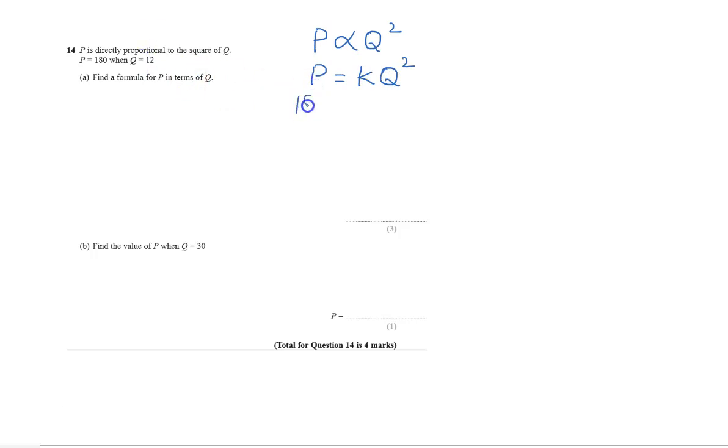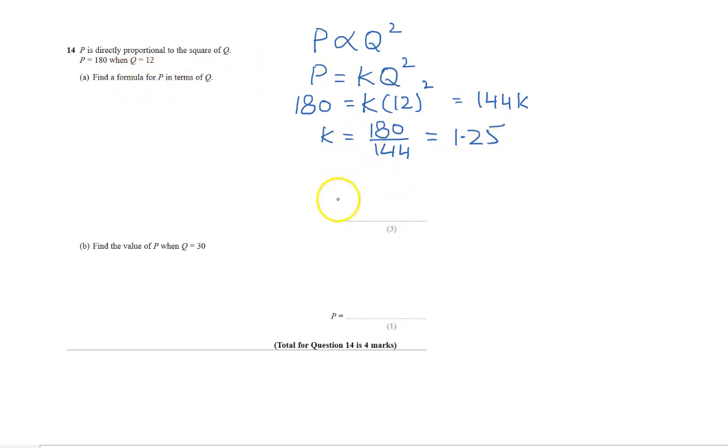When P is 180, Q is 12, that is 12 square, so that is 144 K. So K will be 180 over 144, so that is 1.25.